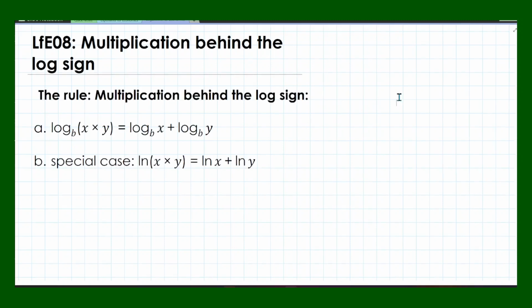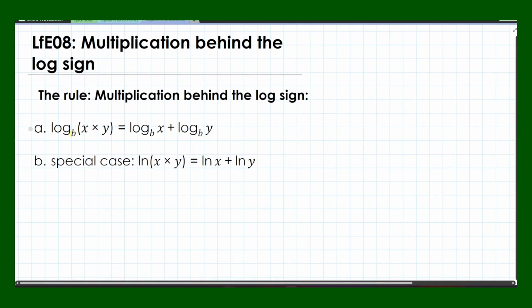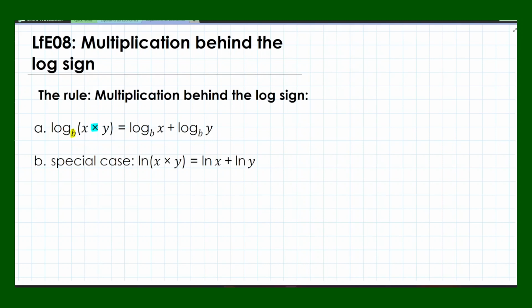I spared you the pain of having to watch me writing this out in my handwriting, so we can all see nicely and neatly how the rule works. If I have any log base, which I can just represent by b, and some multiplication of quantities behind that log sign, then I can break that log into two separate logarithms with an addition between them.